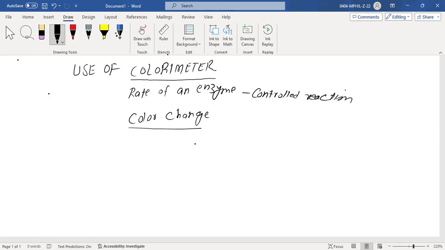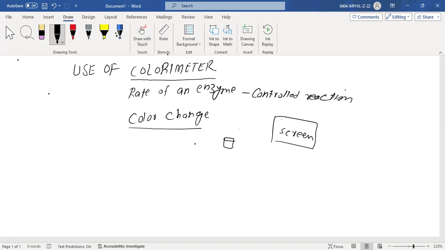A calorimeter measures the light transmission, or you can say absorbance, that passes through a substance and gives a quantitative reading. Consider that you have a screen here, and there will be what we call a cuvette, a very small container like this.